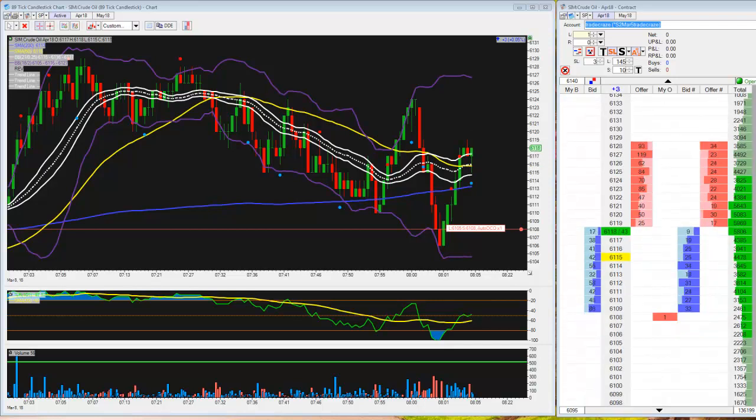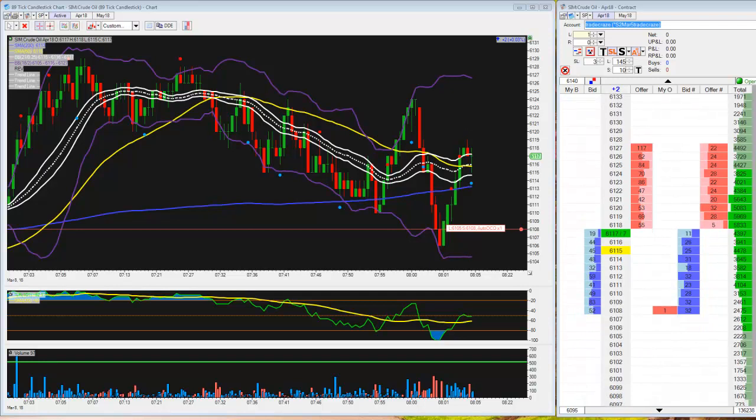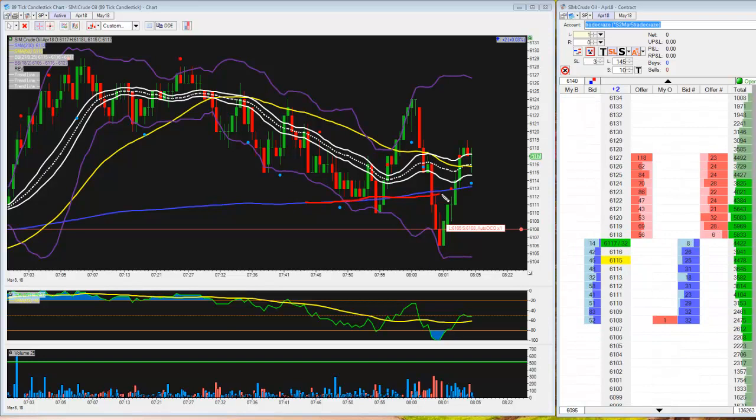It's underneath the 200 bar SMA right there, cutting through prices. It's this line right there. Looking at that, kind of got a head and shoulders pattern as well.